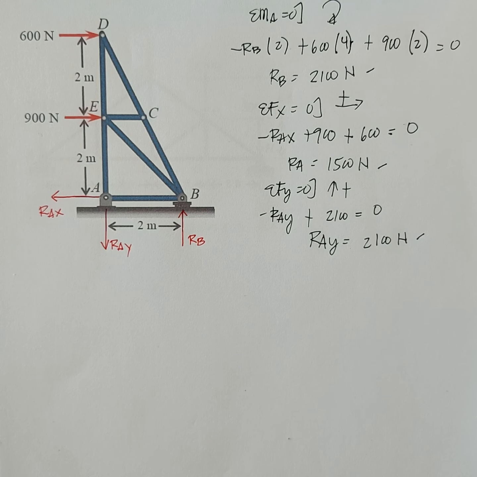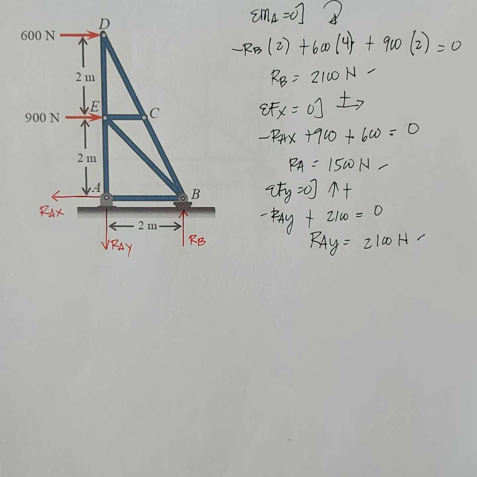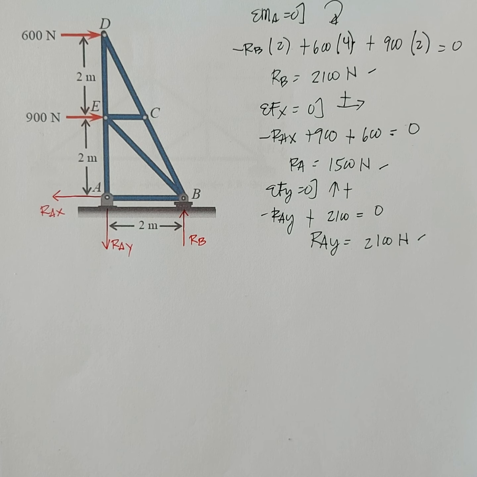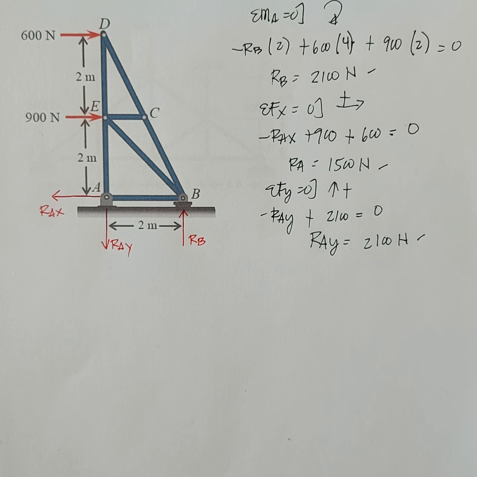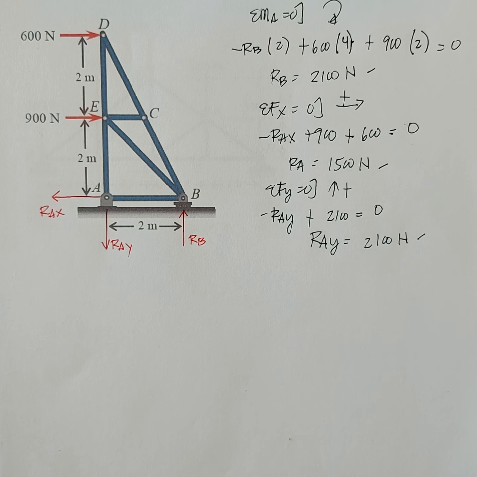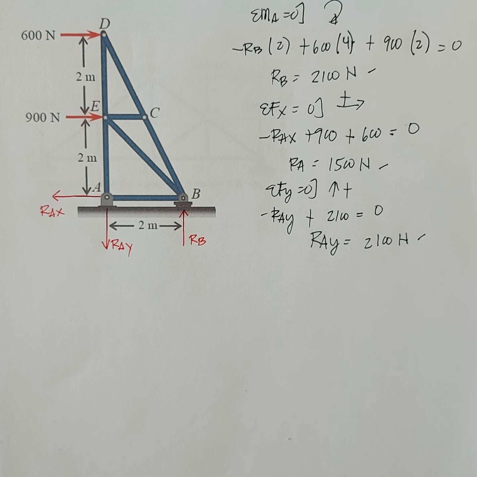Okay? So, we should choose a joint na may dalawang unknown bar force lang. Dalawa lang nakakabit na truss member. Okay? Kasi kapag tatlo na yung unknown natin, dalawa lang yung equations na mabubuo natin. So, wala tayong masosolve kapag ganon. So, we need to choose a joint na dalawa lang yung unknown na nakakabit na member. Two unknown bar forces.